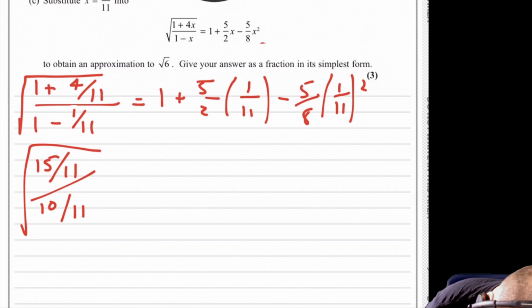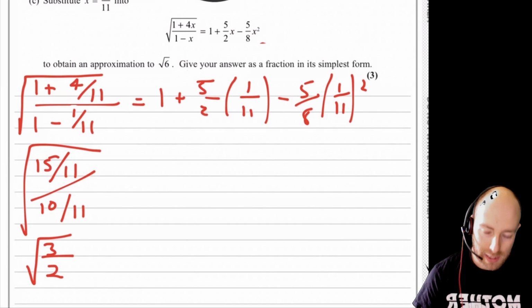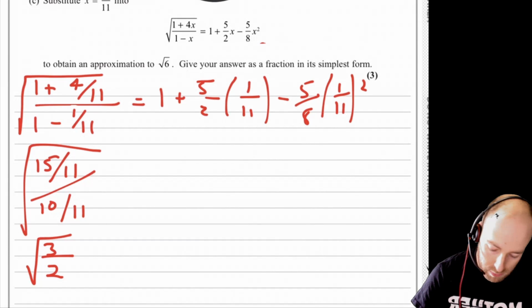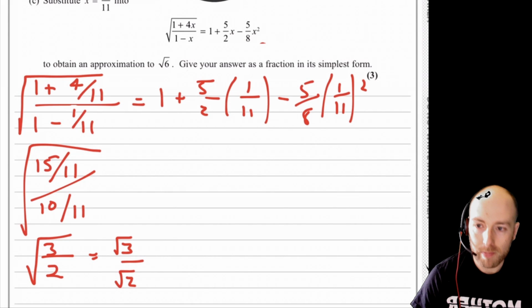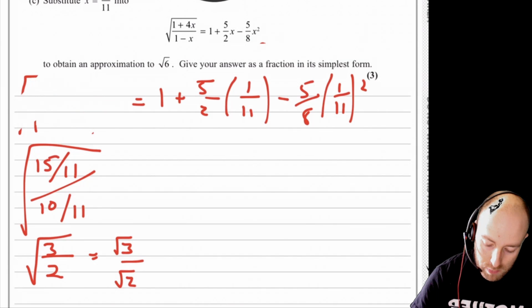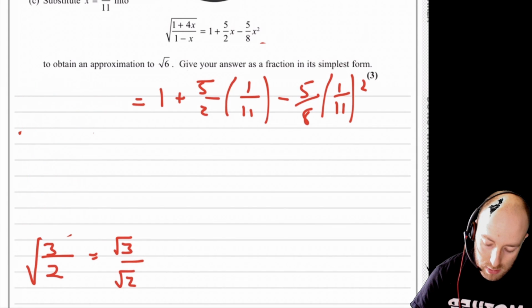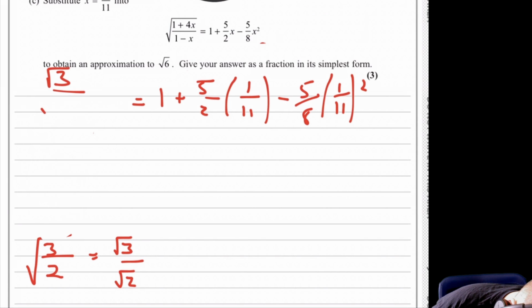We get root 3 over 2. Still not quite root 6, but we're getting closer. So if I split this up and say it's root 3 over root 2, I could then write it at the top, because all we've done is mess around with the left-hand side. So all this stuff is going to equal root 3 over root 2.